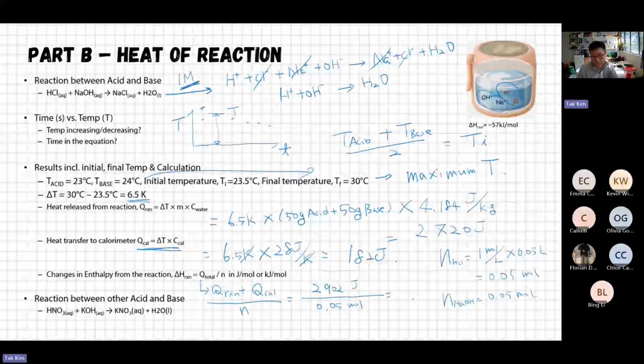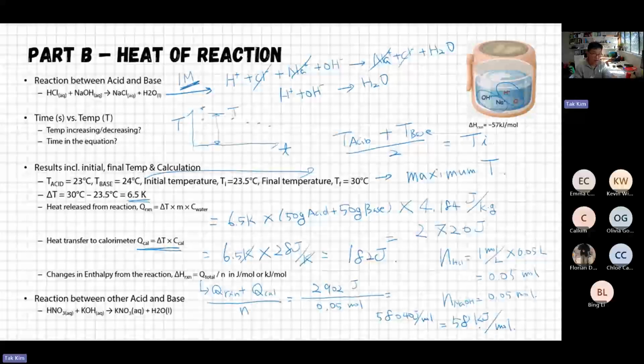Once you finish calculating, you expect to have 58,000 joules per mole. Since it's a big number, we can simply say 58 kilojoules per mole. So that is the change in enthalpy of the reaction.